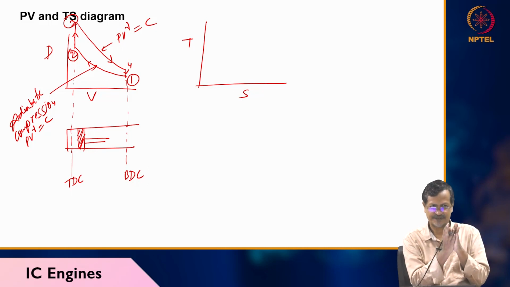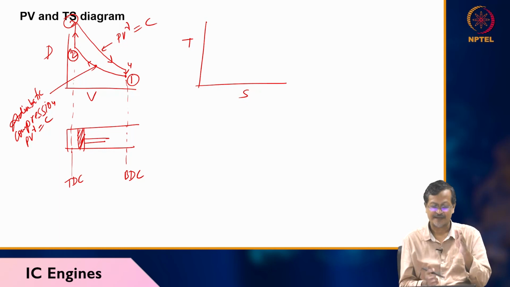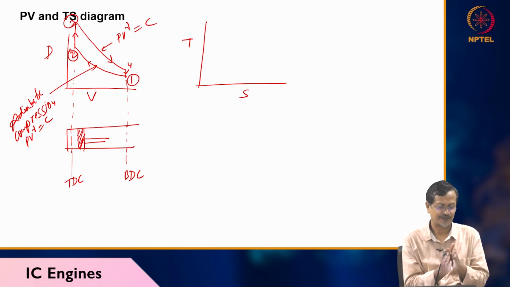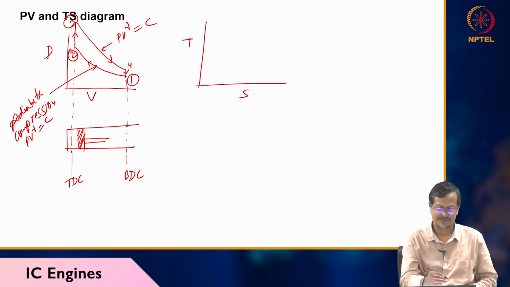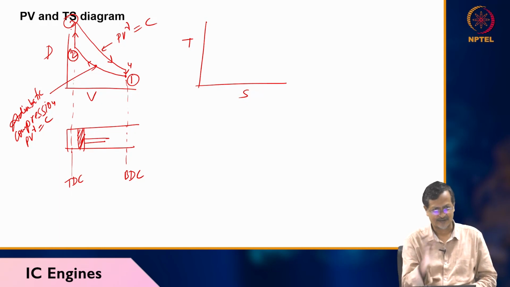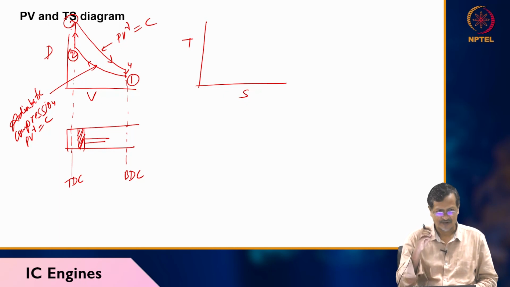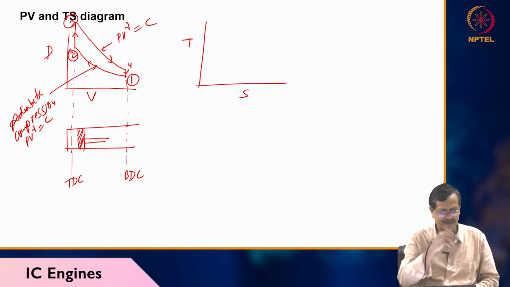When it is reaching top dead center, it does not have enough time to get heat actually. But to approximate, we are assuming this is the ideal case, and it instantaneously gets all the heat. So process 2 to 3 happens instantaneously, and for 4 to 1 we also assume all gas is out instantaneously. Okay, and all intake also happened, and 1 to 2 again compression happens, 2 to 3 heat addition.